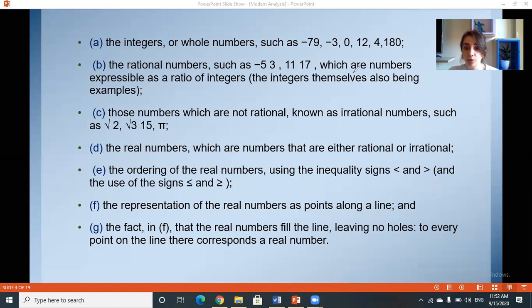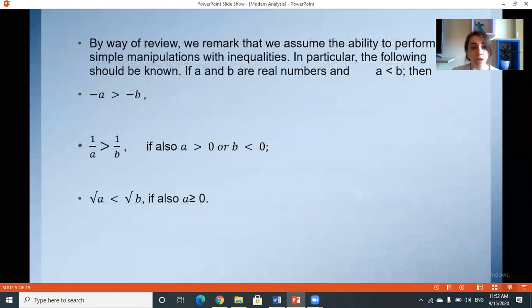Let's continue. By way of review, we remark that we assume the ability to perform simple manipulations with inequalities. Manipulations means operations. In particular, the following should be known.